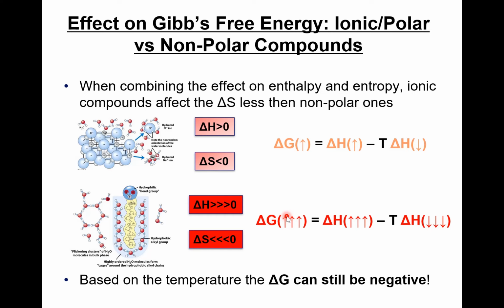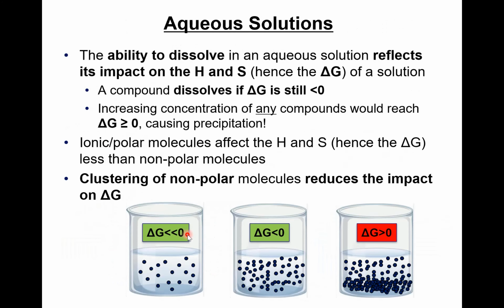Now, what it implies is that the solubility of polar and ionic compounds is much higher, so it can take place at higher concentration than the one of non-polar compounds. But if you start with very little non-polar compound, they can still dissolve. Of course, when you increase the concentration, that's what I was saying here, a much smaller concentration, now the non-polar compound will move to a delta G which is positive, and therefore will not dissolve anymore.